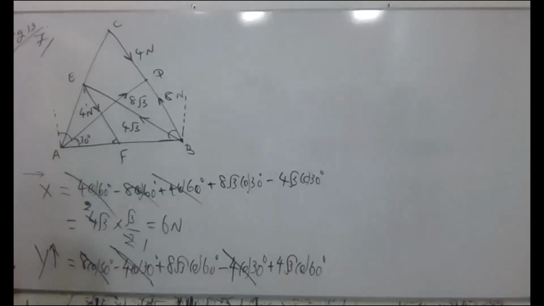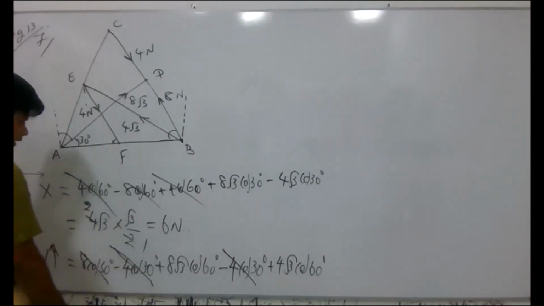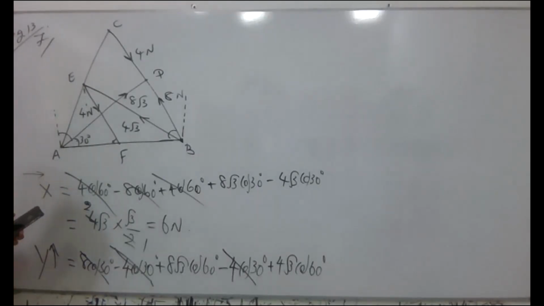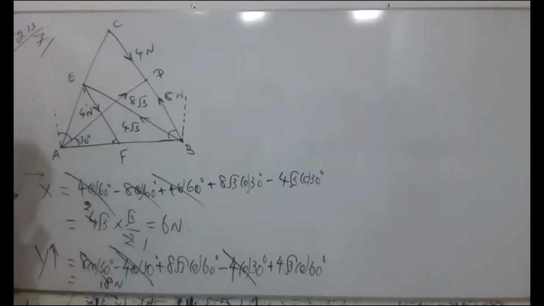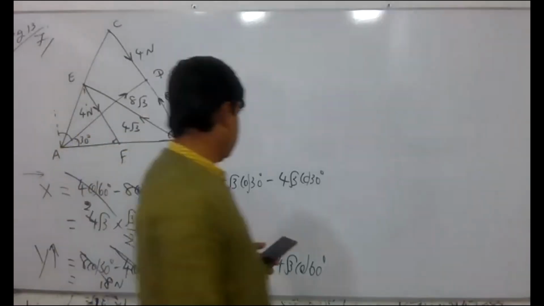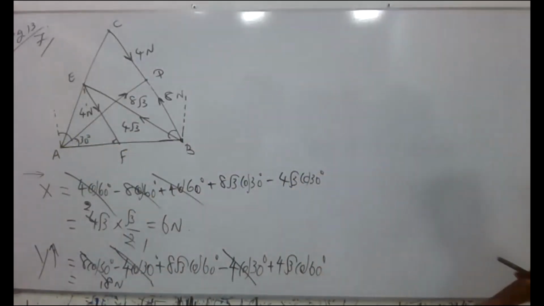Clear? 8 root 3 cos 60 plus 4 root 3 cos 60 means 12 root 3 cos 60. Then 12 root 3 into root 3 over 2, which is 6 into 3, 18 newtons.